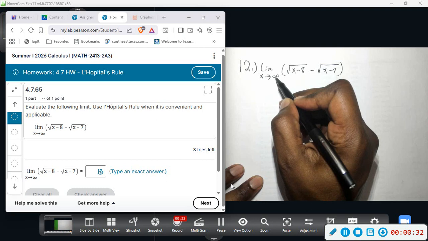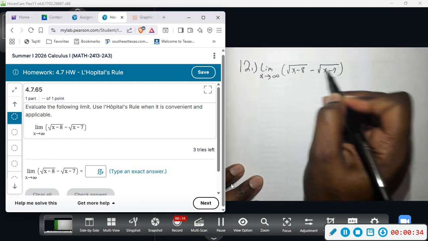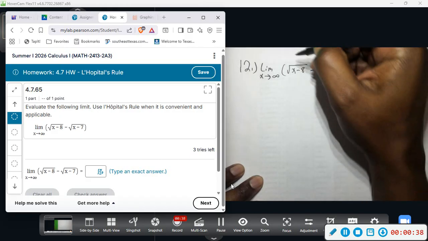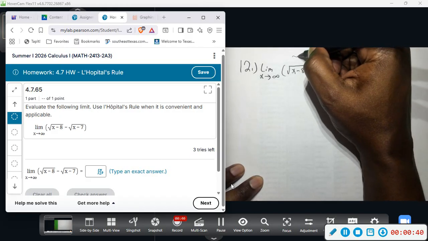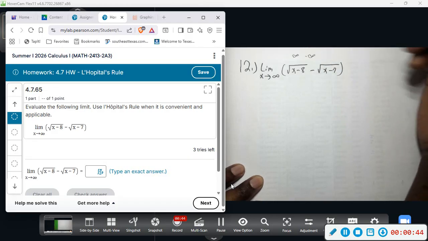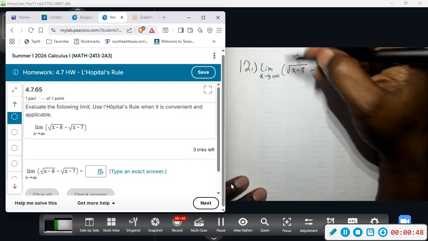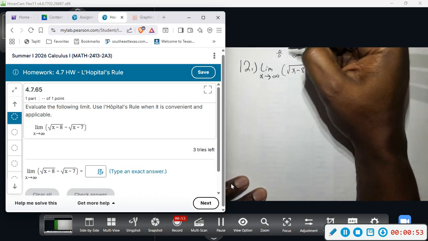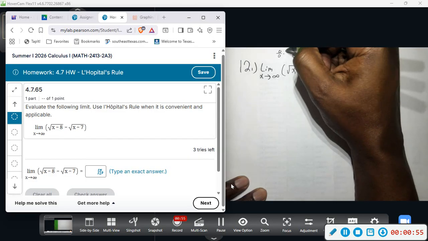Now, if we were to plug in infinity, this would get bigger and bigger, and this expression would basically be infinity minus infinity. So this is an indeterminate form. We can't solve this, so we would have to try to get it into L'Hopital's rule, which would be 0 over 0 or infinity over infinity.